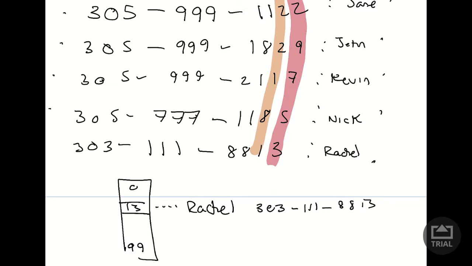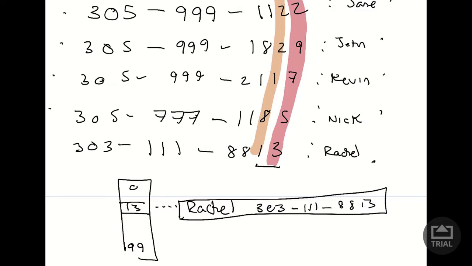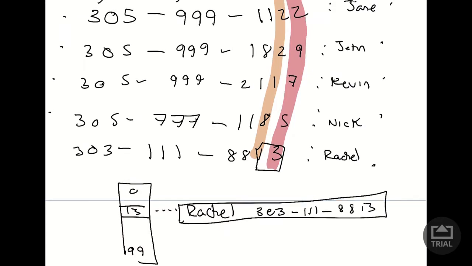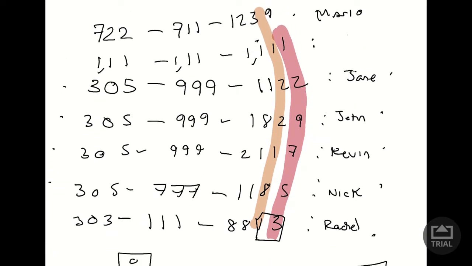So you could store something like this in that index. And the point is that you could find this information in constant time if all you do is look at the last two digits. But the catch is none of the phone numbers here have the last two digits that are duplicates of each other. So when would that happen?